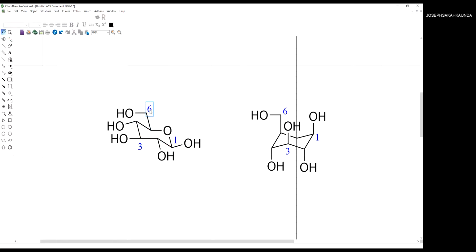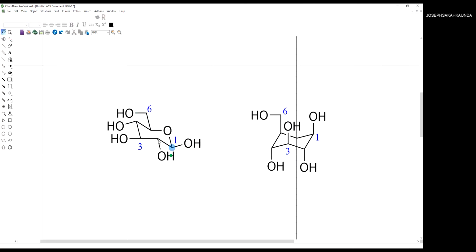If you're not familiar with the carbon 13 chemical shift values, usually carbon number 1 has got the largest value because of the oxygen here and the hydroxy group. It comes around, let me say, above 90, 100, 102.